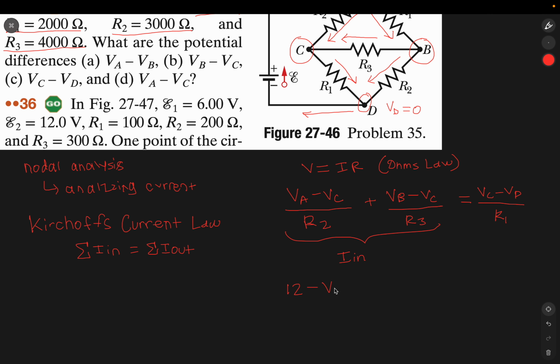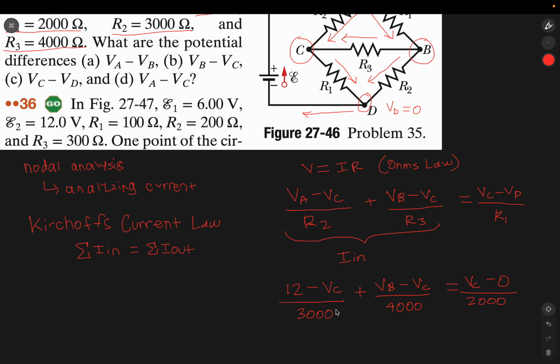So 12 minus VC over R2, which is 3000, plus VB minus VC, both of which are unknowns, over 4000, is going to be equal to VC, which is unknown, minus 0, so just VC, over 2000.